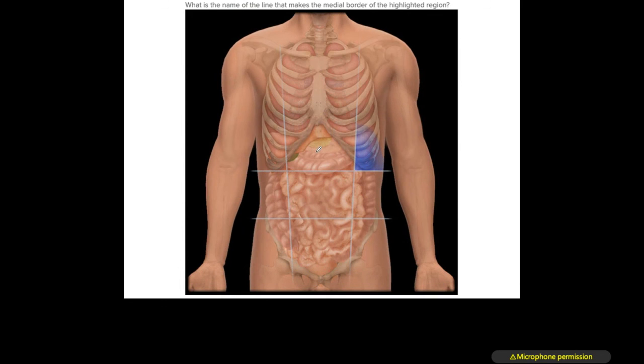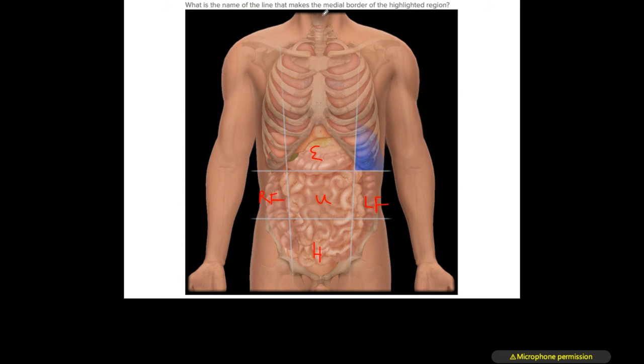Okay, now you may jump to this and go, ooh, I know this is the left hypochondriac, right? This is the umbilical, this is the epigastric, the hypogastric, or pubic. This is the left flank or left lumbar, and you'd think right flank or right lumbar. Okay, but look what it's asking.